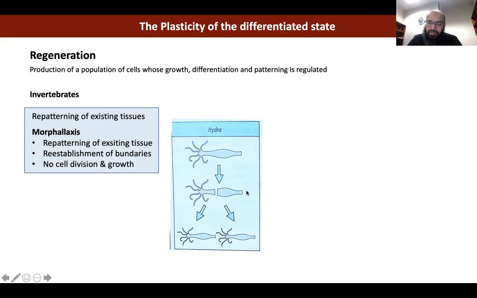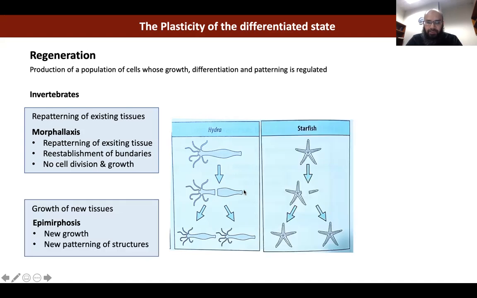And what happens is that the two new animals are half the size of the original animal. So you can understand that since there is no cell division and growth, each part grew the lost part, but then the size of the whole new animal is half the original one.